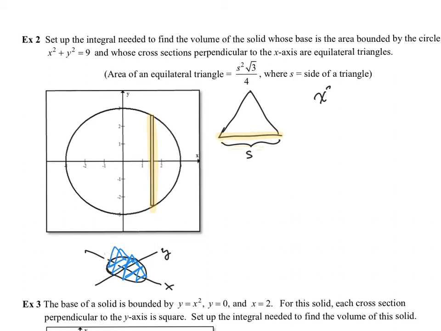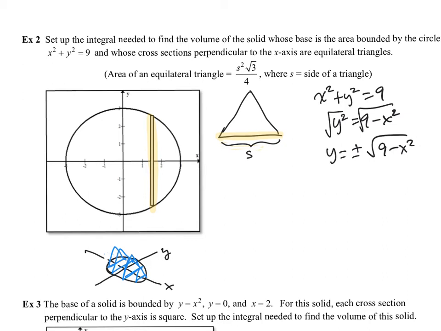We have x squared plus y squared equals 9. If we're solving that for y, we'd want to subtract x squared from both sides, and then we'd take the square root of both sides, and we would get that y is equal to plus or minus the square root of 9 minus x squared.